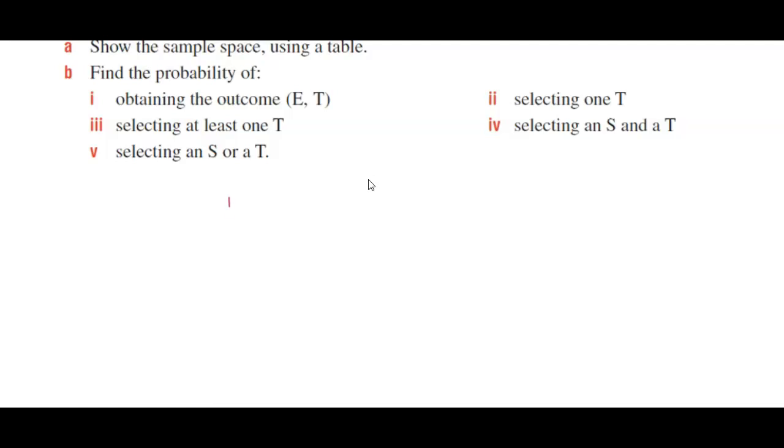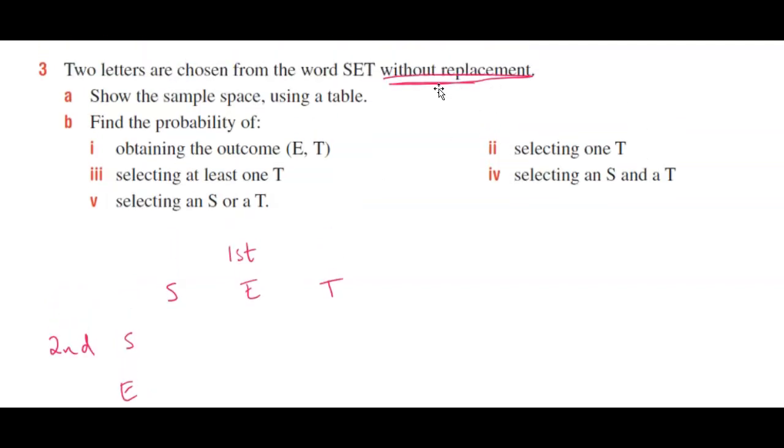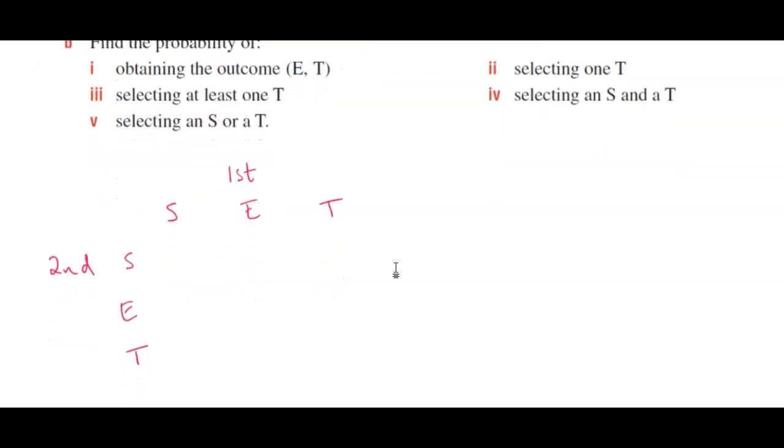So the first selection, you can have S, E, T, and the second selection, S, E, T. Now, the easiest way to do this is because it's without replacement, we cannot select a letter twice. So once we've selected the letter S, we can't select it again. So the option SS is not available. The same with E. If you selected it once, you can't select it again. And T, you can't have it twice. So you can't have SS, you can't have EE, which is represented here, or TT.